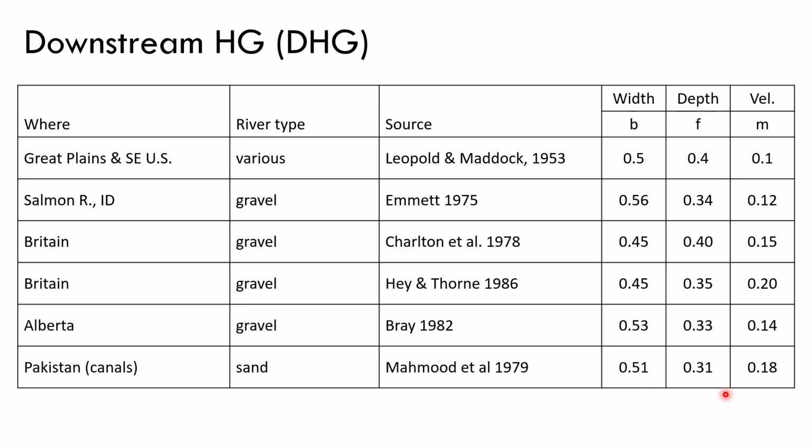If we found a stream that was not within a range of hydraulic geometry exponents, especially, that we would expect, you could potentially say that that river is out of equilibrium. Okay, especially for a given region or a space. And so that's another way that we can actually use downstream hydraulic geometry.